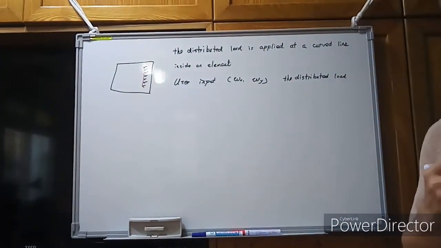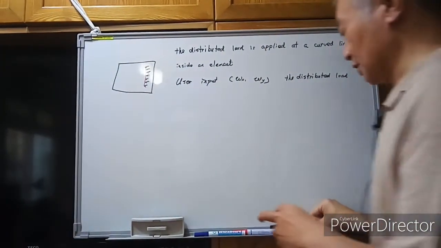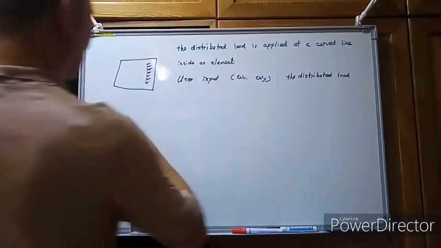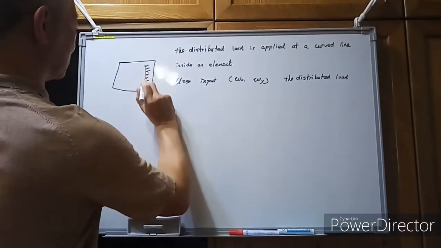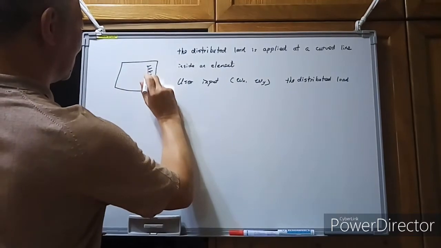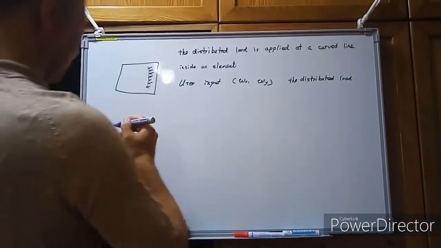Okay, so one of the methods, we can ask the user to describe first the two endpoints and one middle point.